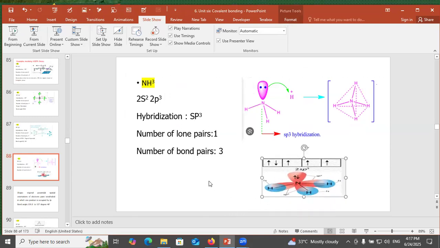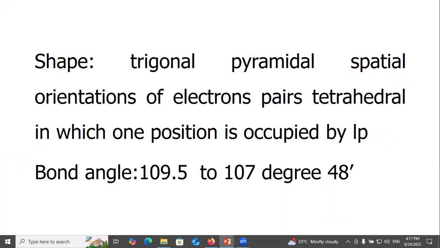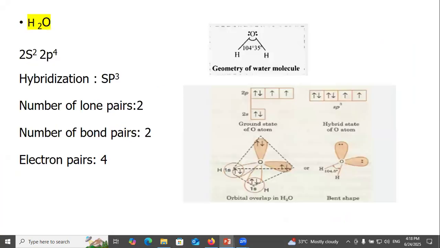In case of ammonia, hybridization sp3, number of lone pairs 1, number of bond pairs 3. This is the ammonia. Shape triangular pyramid, spatial orientation of electron pairs tetrahedral, in which one position is occupied by a lone pair, bond angle 109.5 to 107 degree 48 minutes.